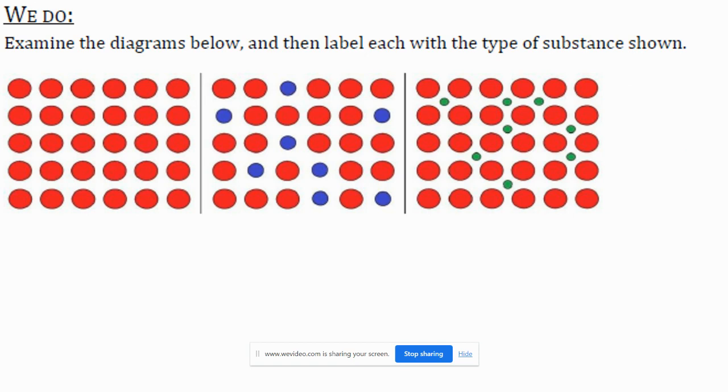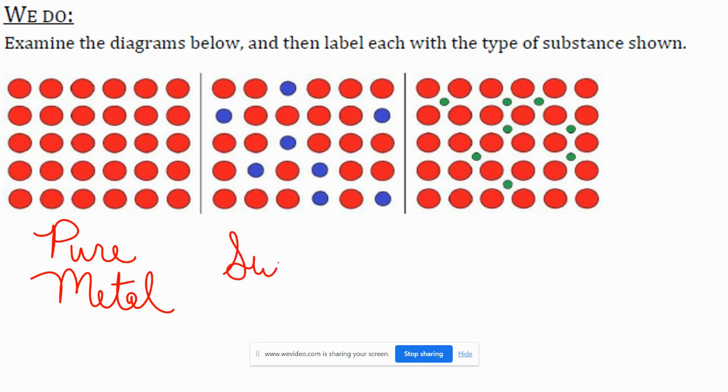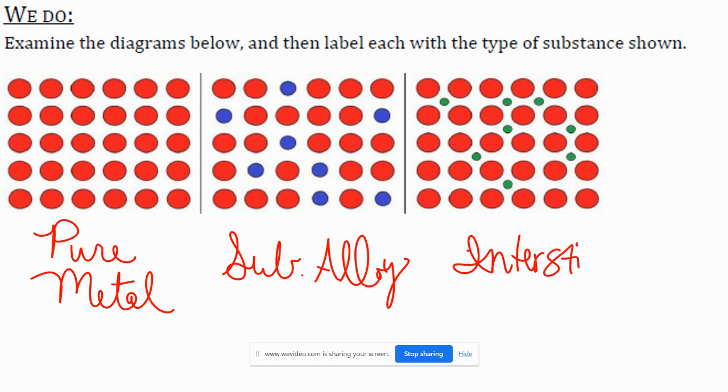Andrew's like, I got this. So this is a pure metal here. Okay. This is going to be a substitutional alloy. And this will be the interstitial. Easy enough?